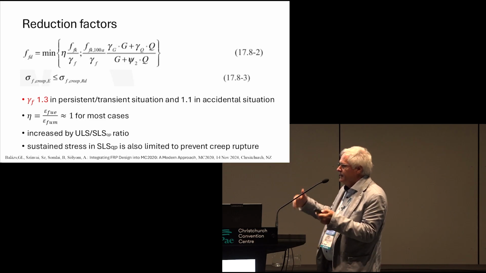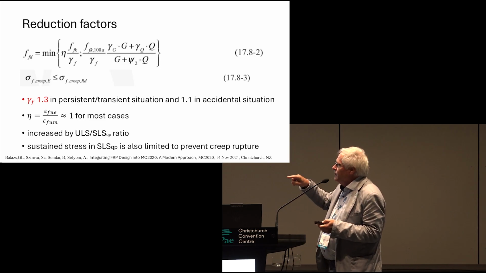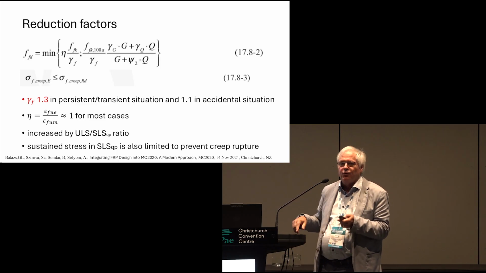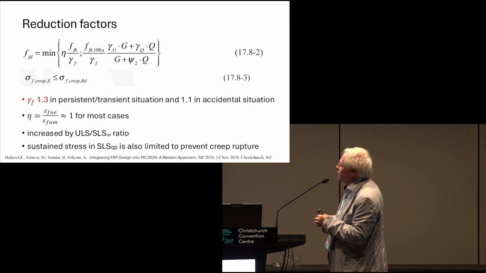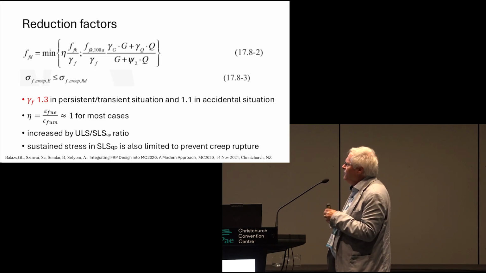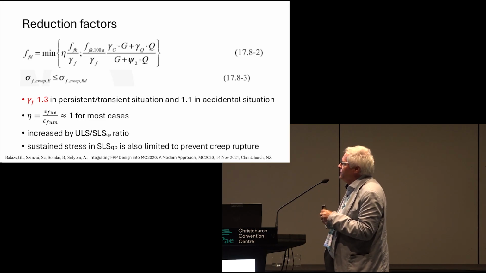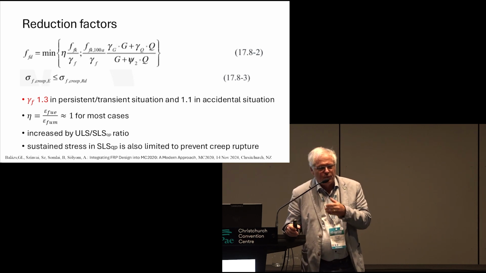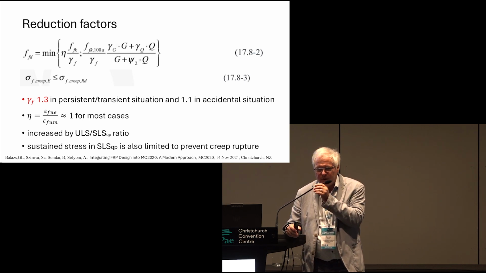So now, after long discussion, we agreed to have a material safety factor of 1.3 for all kinds of fibers and matrices as well. This is very important to allow the application, not to stop, not to delay the application of FRP.